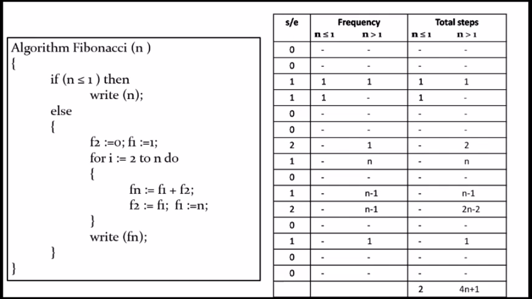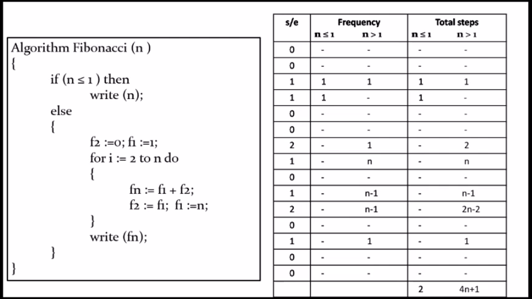There are two statements and frequency is 1, so 2 into 1, that will be 2. Next, the for loop will be executed n times, n minus 1 times for the true condition and 1 time for the false condition. So n minus 1 plus 1, that will be n. So 1 into n will be n.